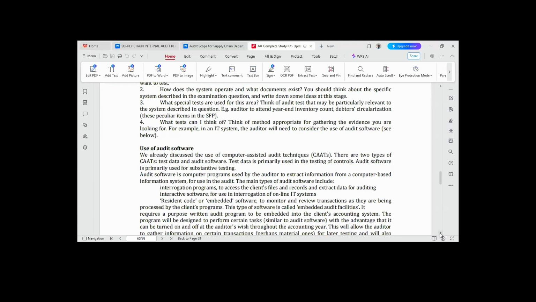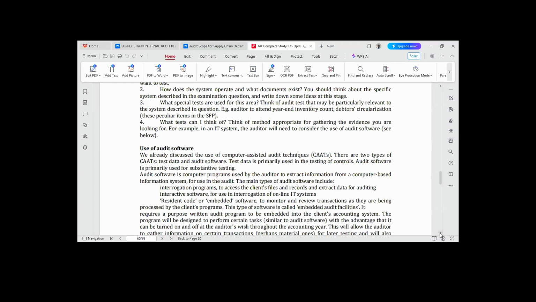You have the interrogation programs, which are used to access client files and record and extract data for auditing. What does that mean?